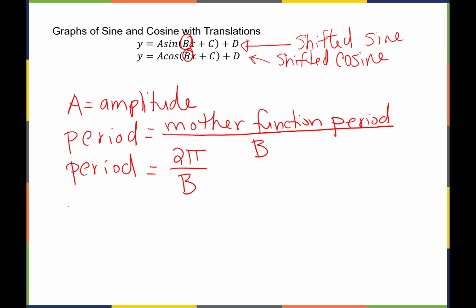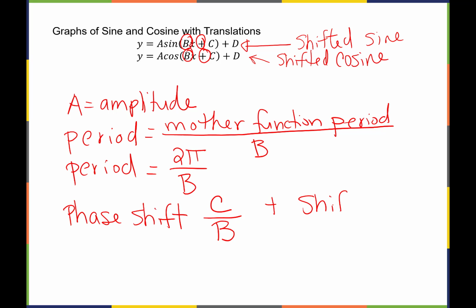Okay, your phase shift, or your horizontal shift, is going to be the value that you get when you take C divided by B. And to figure out if it's shifted left or right, you have to look at this sign here. Plus means it's shifted to the left.